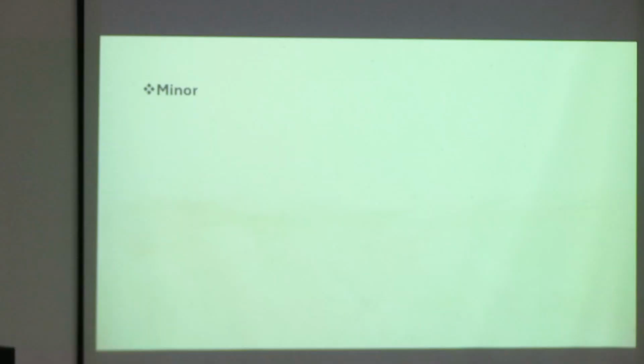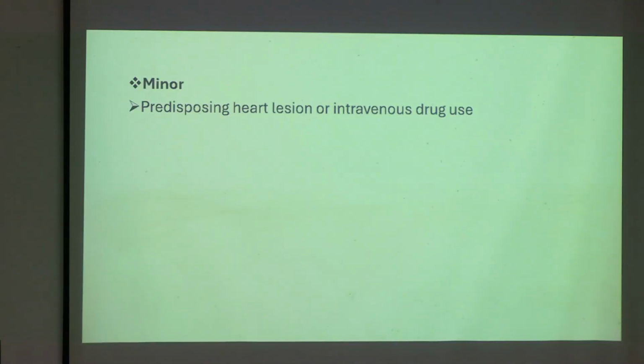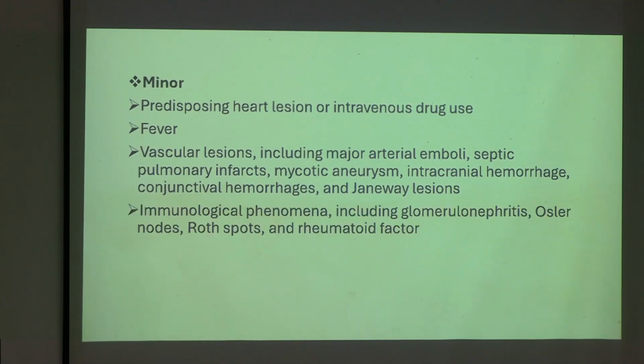Then coming to the minor criteria, first is predisposing heart lesion or intravenous drug use. Then is fever. Then is vascular lesions including major arterial emboli, septic pulmonary infarcts, mycotic aneurysm, intracranial hemorrhage, conjunctival hemorrhages and Janeway lesion. These things I will explain later, okay.